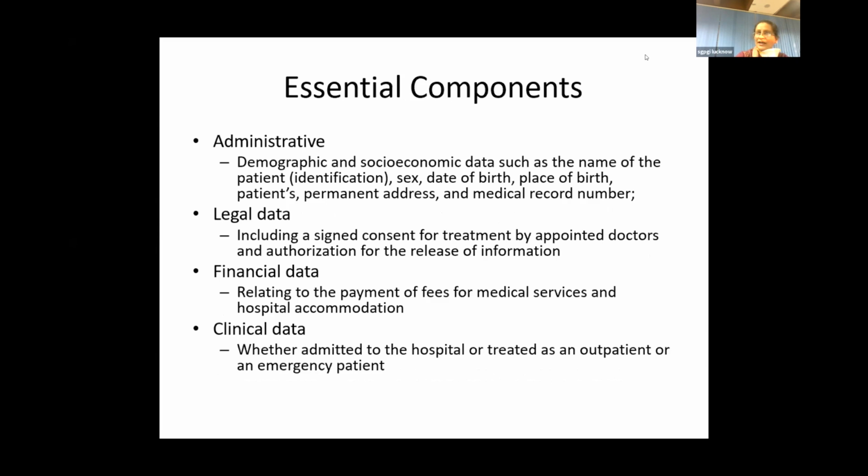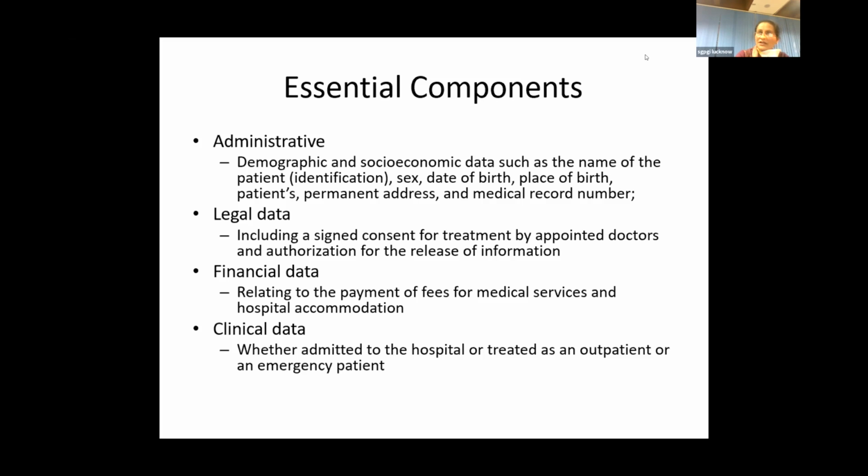When we are looking at any record, there are four broad components inherent to any record. One is administrative, second is legal, third is financial, and fourth is clinical. But these are not standalone components, and one is related to the others, as is quite comprehensible.